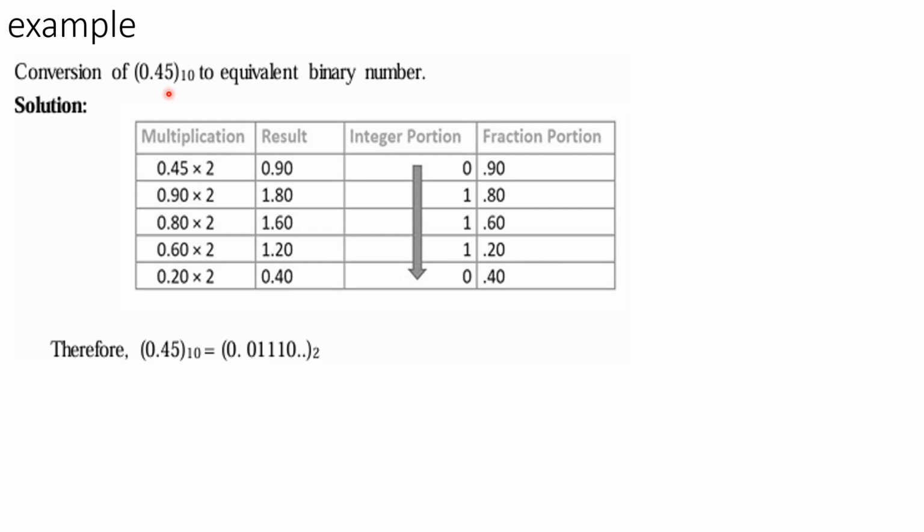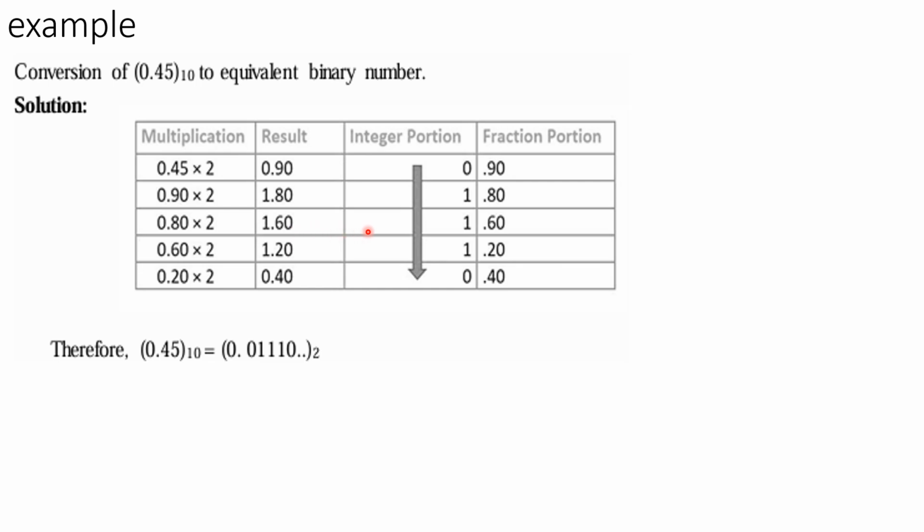Now let's apply this method to convert 0.45 decimal to binary. We start with 0.45, multiply by 2, and we get 0.90, so we take 0. Next, 0.90 times 2 is equal to 1.80. Take 1, remove the 1, and continue with 0.80. 0.80 times 2 equals 1.60.